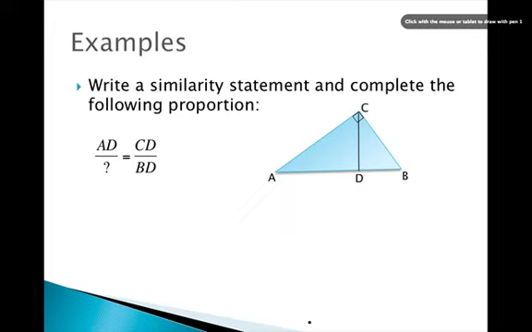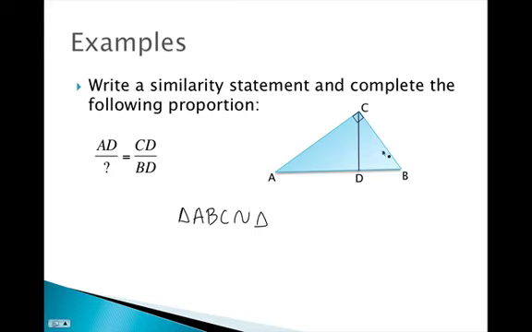So from our very first theorem that we learned today, we know that triangle ABC is similar to triangle CBD, which is also similar to triangle ACD.